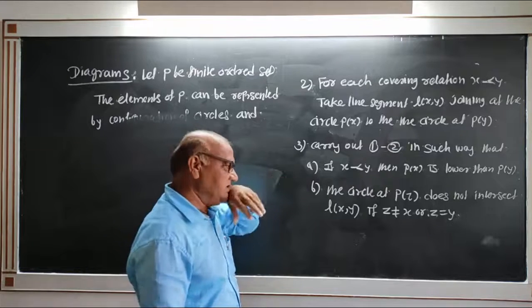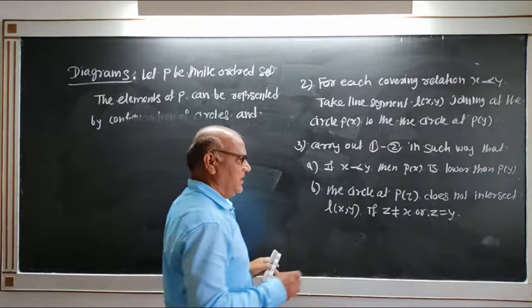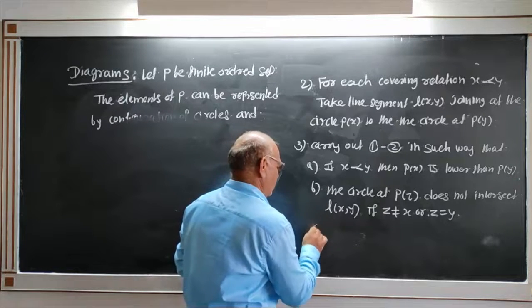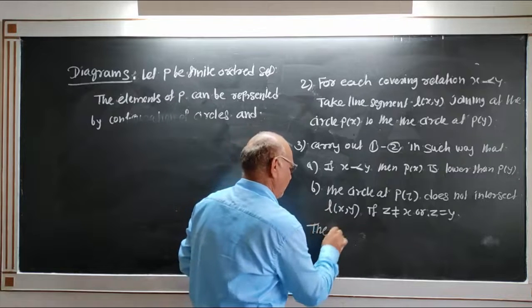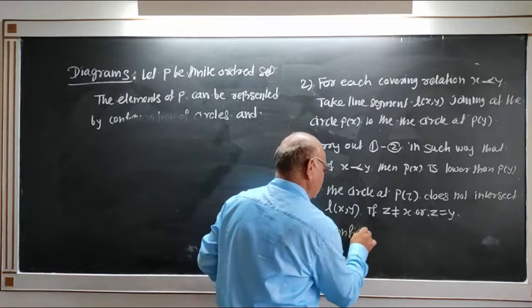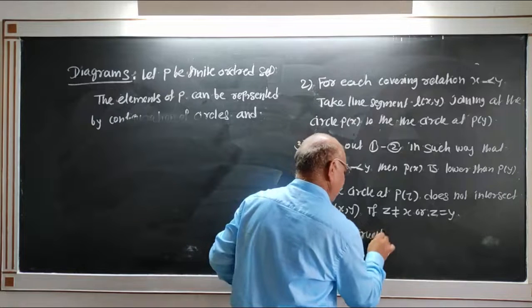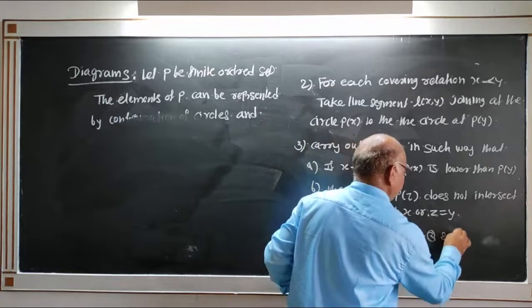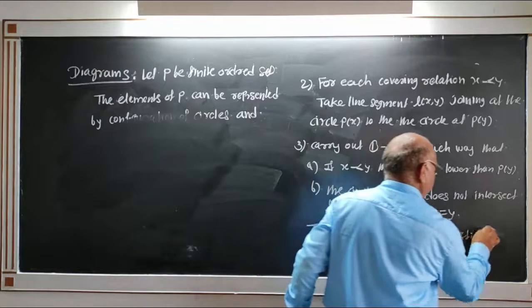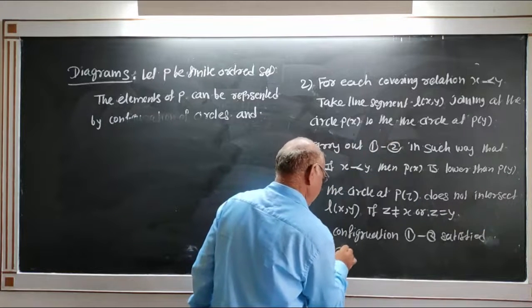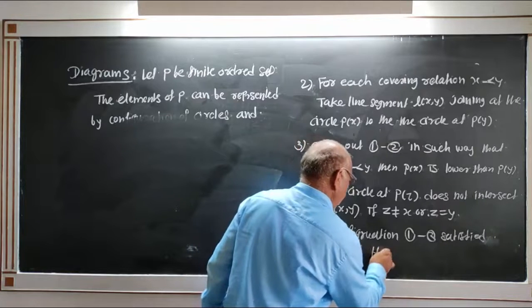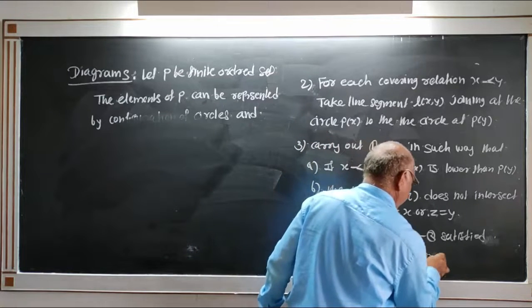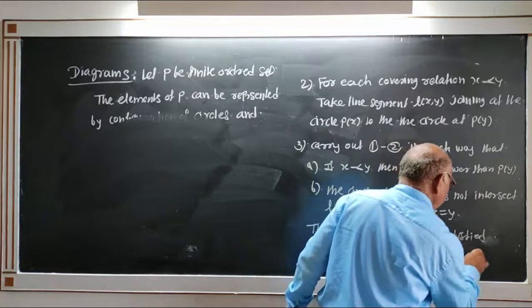then this diagram is called a Hasse diagram or poset diagram.